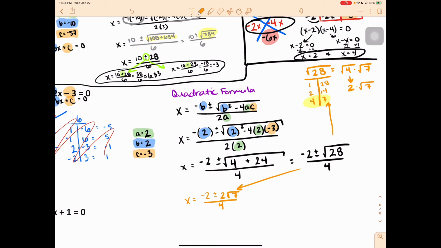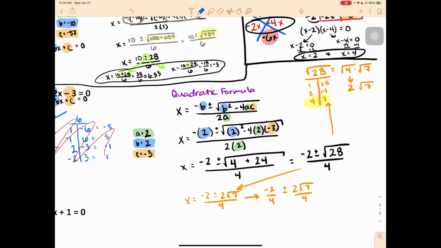Now I notice that 2 and 2 are both even numbers, and 4 is divided by each of those by 2. So what we can do is rewrite this as negative 2 over 4 plus or minus 2 root 7 over 4. Just to help you see how to simplify, so that you didn't only simplify these two and then forget about the other 2 in the numerator.